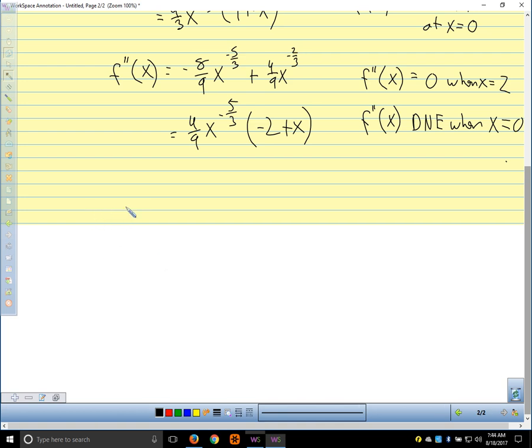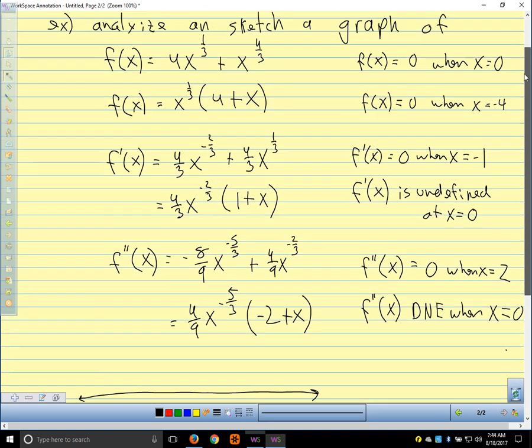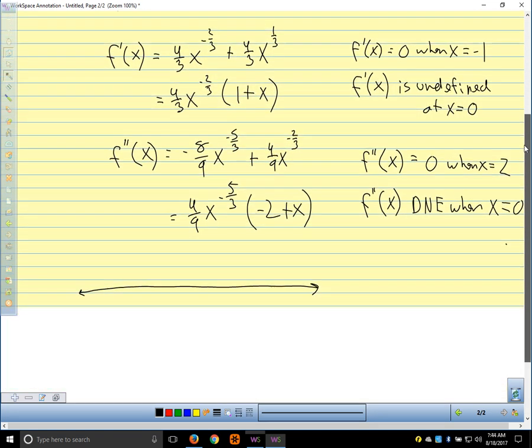The way I usually do it is I just make a number line, and then I just mark my critical points. So what are my critical points?